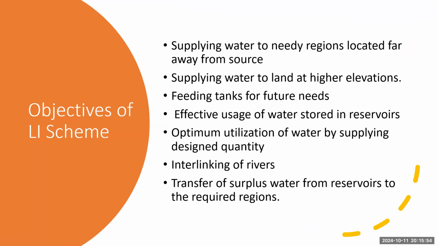Now this lift irrigation scheme does not only lift the water to higher elevation, but it also supplies water to the needy region located far away from the source. This statement is true in the case of the large lift irrigation scheme.